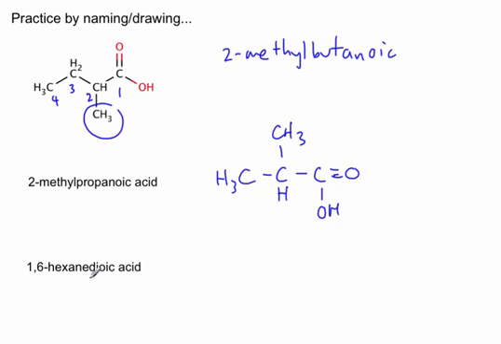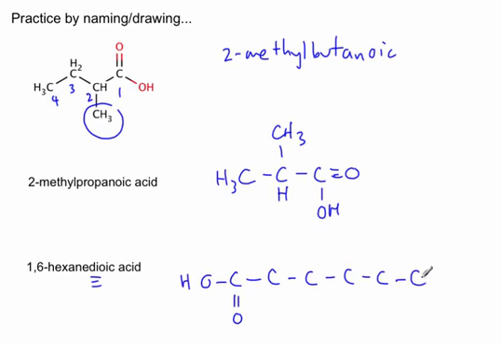1,6-hexanedioic acid. So hopefully you recognize what that di in front of the oic acid means. It means it's a carboxylic acid with 2 carboxyl groups, because they have to be terminal. They're on carbons 1 and 6 of a hexane. And even though the numbering is redundant, you always see dioic acids numbered.